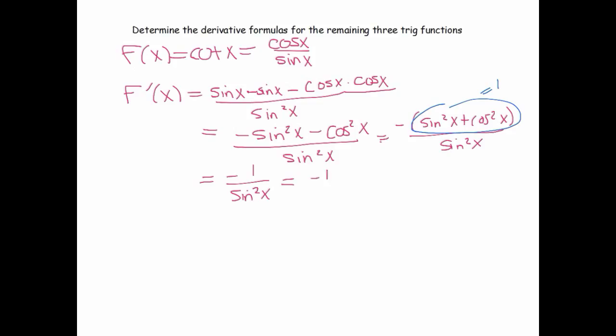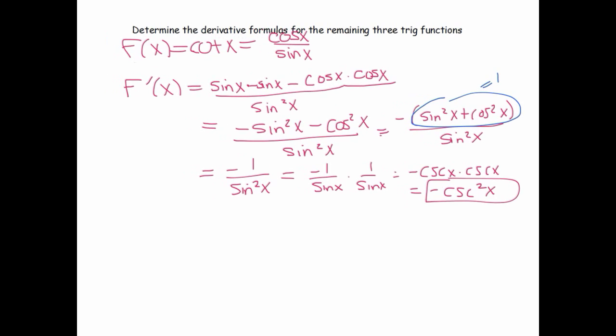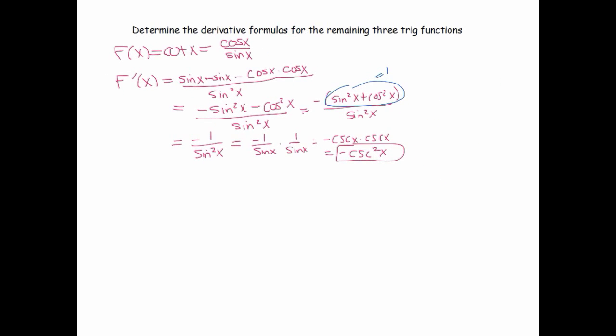So this is negative 1 over sine times 1 over sine, which is negative cosecant times cosecant, which is equal to negative cosecant squared. Alright, so the derivative of cotangent is negative cosecant squared. And let's look at the other ones. So what are the other ones?